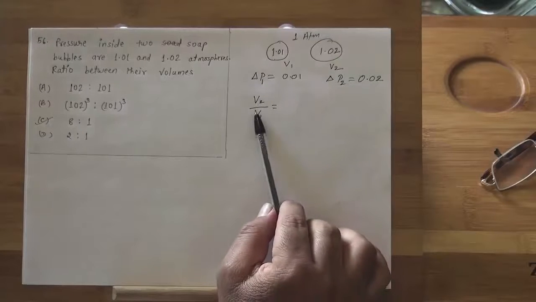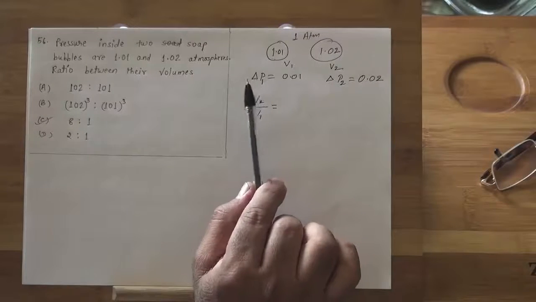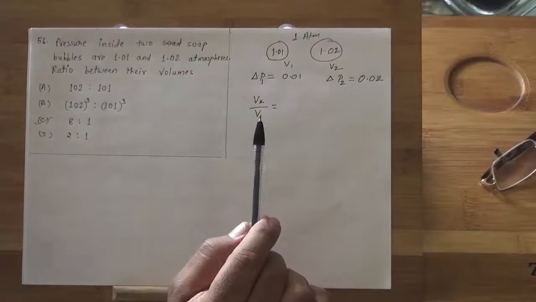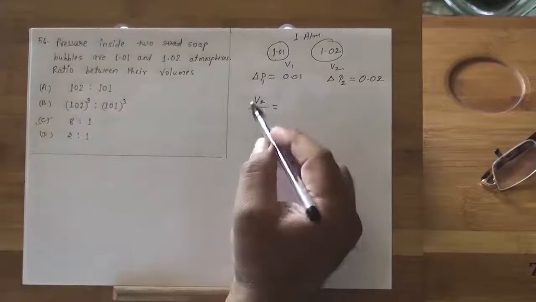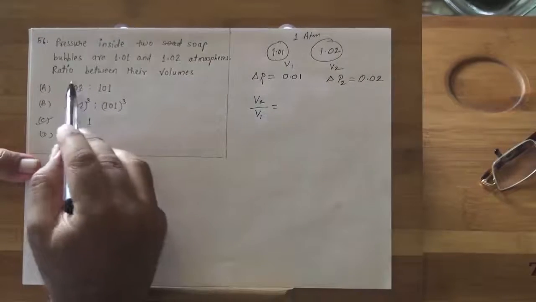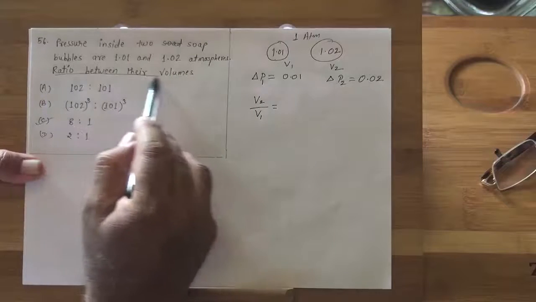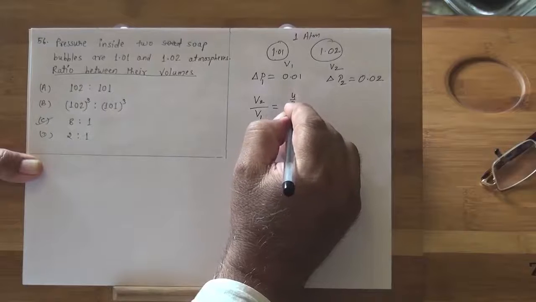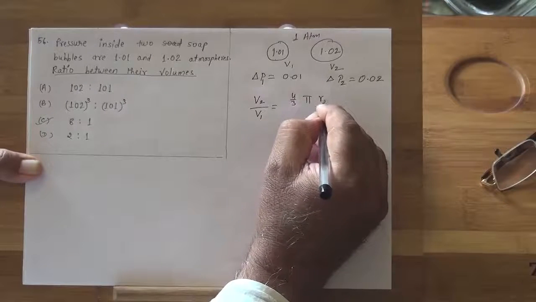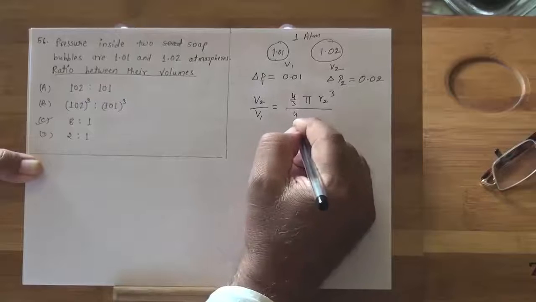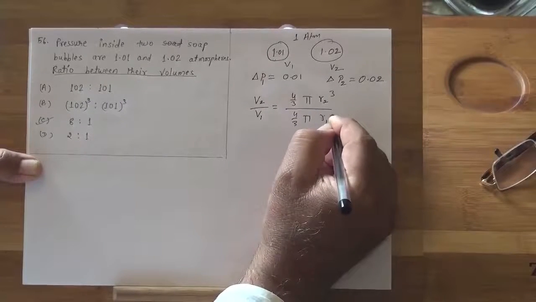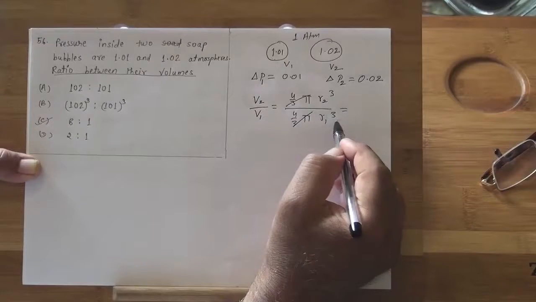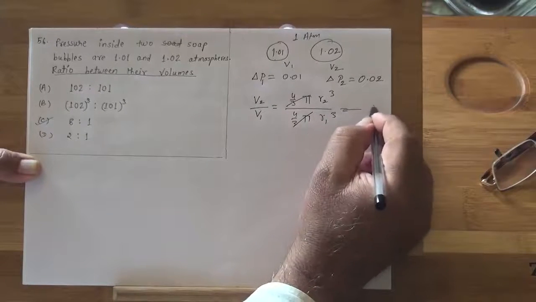So what is volume 2? The ratio of volumes is 4 upon 3 pi R2 cube upon 4 upon 3 pi R1 cube, and R2 upon R1 gives us the answer.